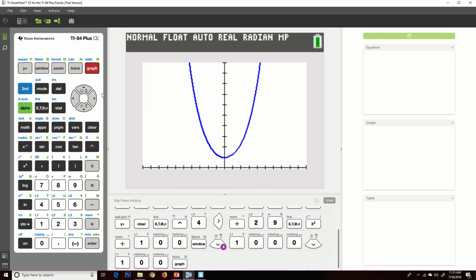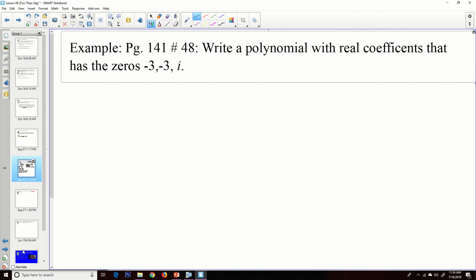So if I hit graph, and clearly we have this shape here, it's very hard for us to see any possible issues close to x equal to 0, simply because we've zoomed it out so far. But at least we can't verify any imaginary zeros. We don't have any real zeros to verify using the graphing calculator. All right, moving on to the next one.